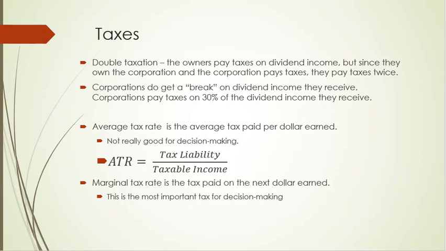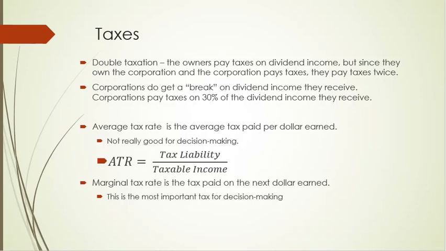So let's talk about this concept of something called double taxation. This is where the owners pay taxes on dividend income, but since they also own the corporation and the corporation pays taxes, they actually pay taxes twice. Now, corporations themselves get a tax break, if you will, on dividend income.